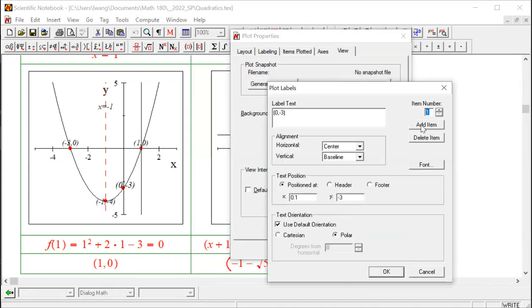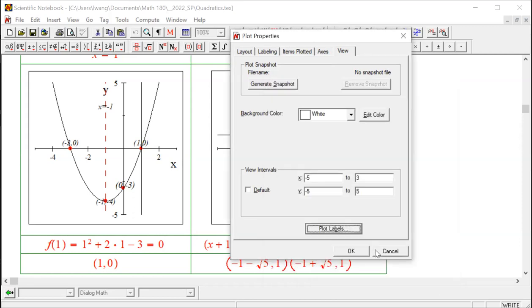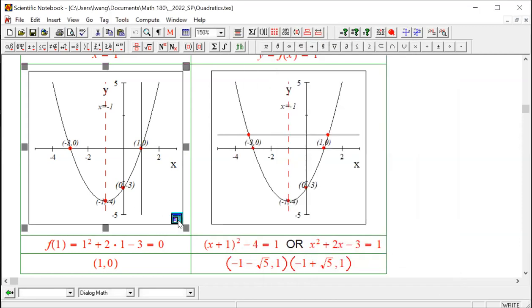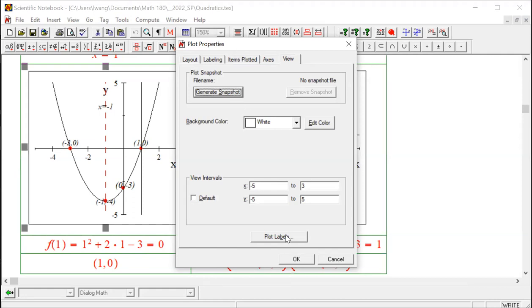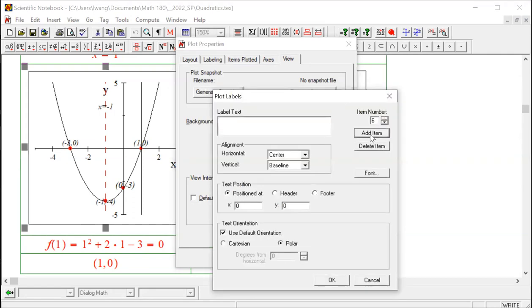Take your time and really understand which one I'm marking. I'm going to mark x equals 1. So this is the vertical line we're marking.